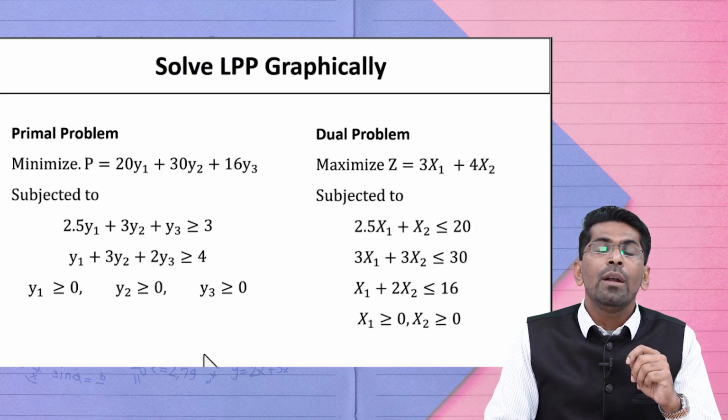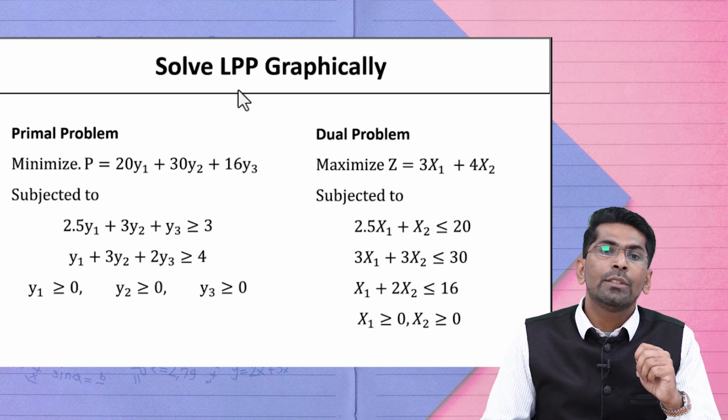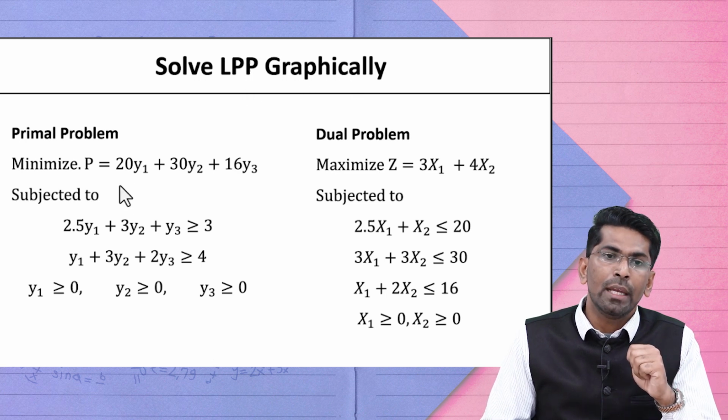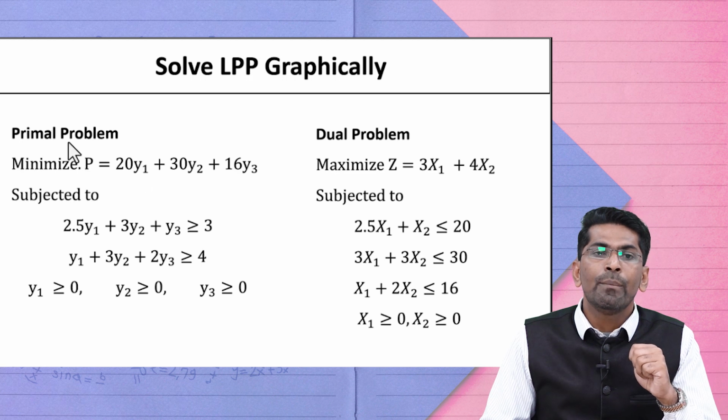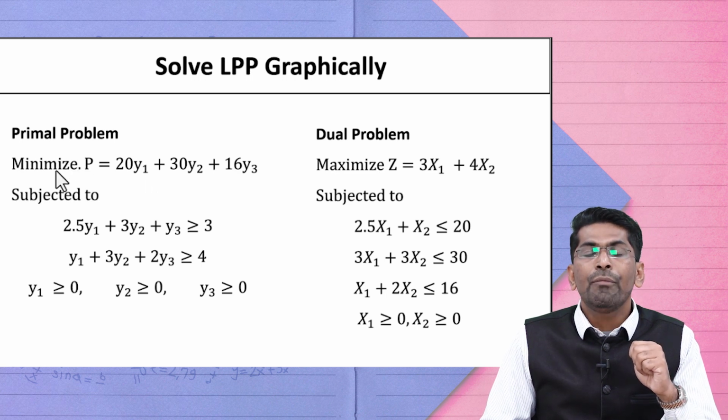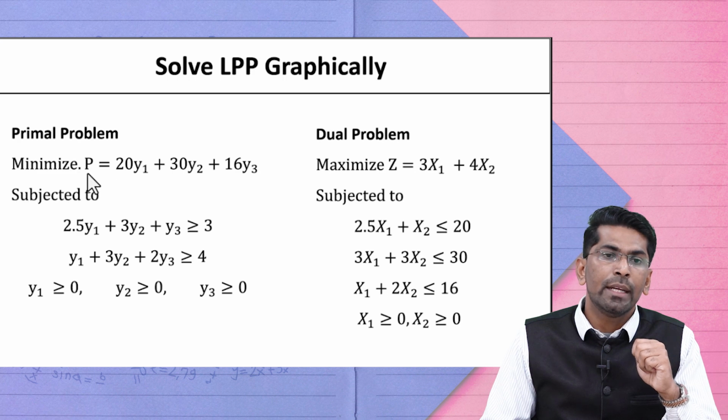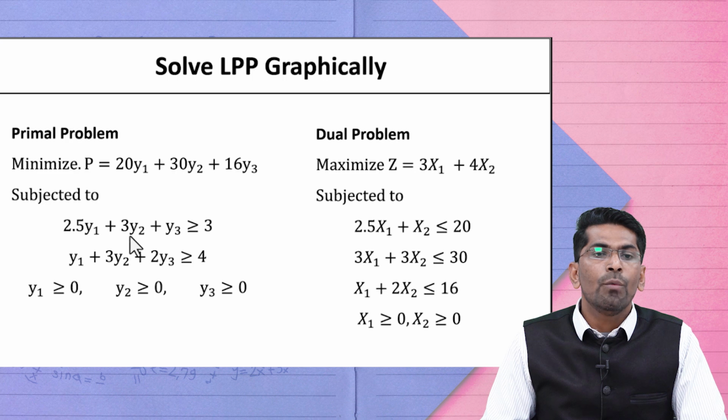Now we want to solve a particular question: solve the linear programming problem graphically. Let us consider this particular example, the primal problem. The minimization, P equal to 20y1 plus 30y2 plus 16y3, subject to the constraints 2.5y1 plus 3y2 plus y3 greater than or equal to 3, y1 plus 3y2 plus 2y3 greater than or equal to 4, and all the decision variables are greater than or equal to 0.